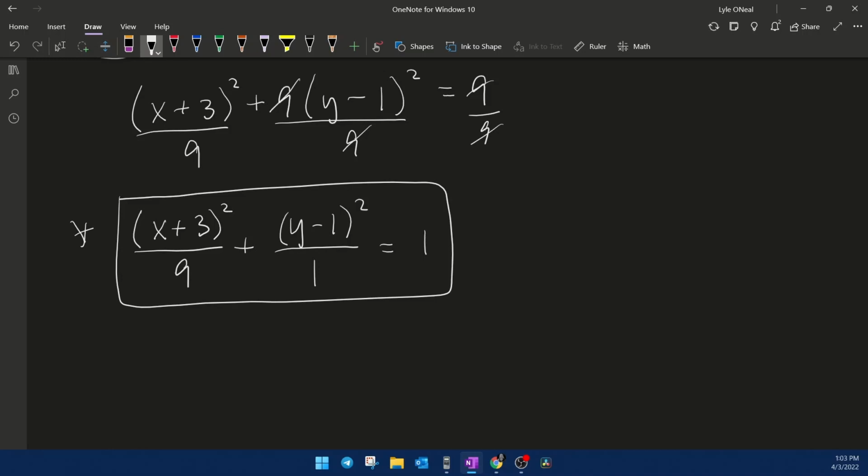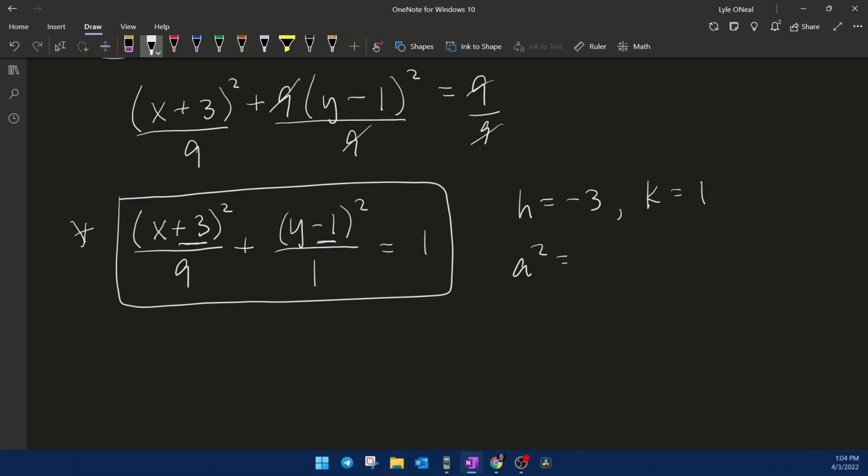And now I can find h. H is always opposite of what's with x. Opposite of plus 3 is minus 3. K is always opposite of what is with y. So k is going to be opposite of negative 1, which is 1.